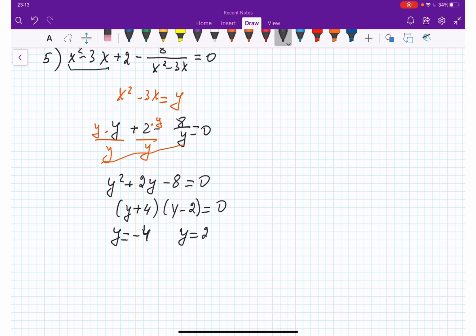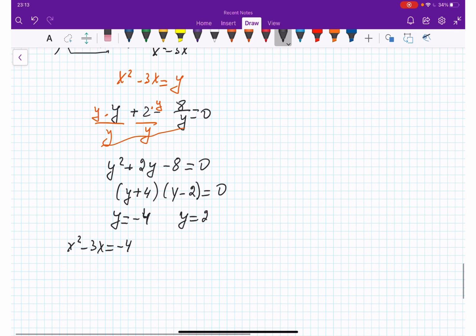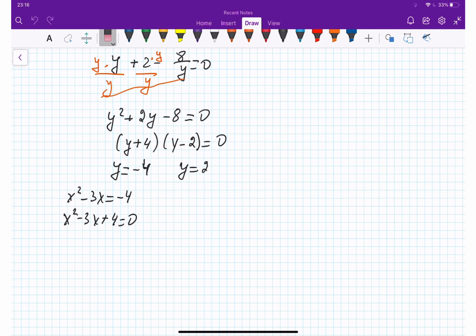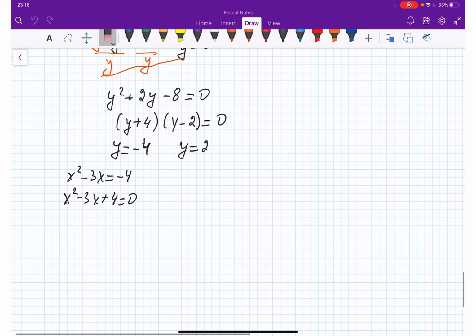And if we reverse substitution, x squared minus 3x is equal negative 4, which is going to be x squared minus 3x plus 4 equals 0. Since we can't FOIL this because no two numbers have product positive 4 and sum negative 3, we are going to solve with the method of discriminant.